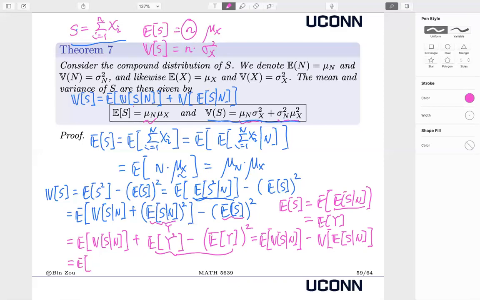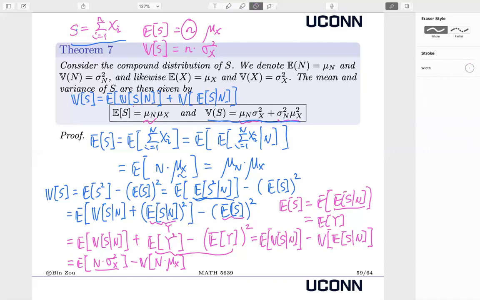So once I condition on n, I treat n as constant. Right? So this is the conditional variance. Because I treat n as constant, the inside conditional variance is basically the sum of them because they are independent, right? And there's n of them. Each one has variance sigma x squared. That's why it's n times sigma x squared, minus the variance of n times the expectation of x, right?